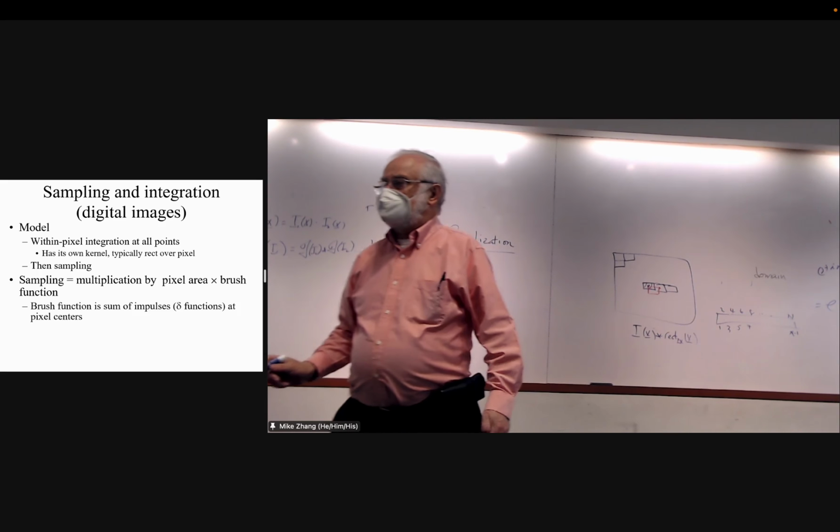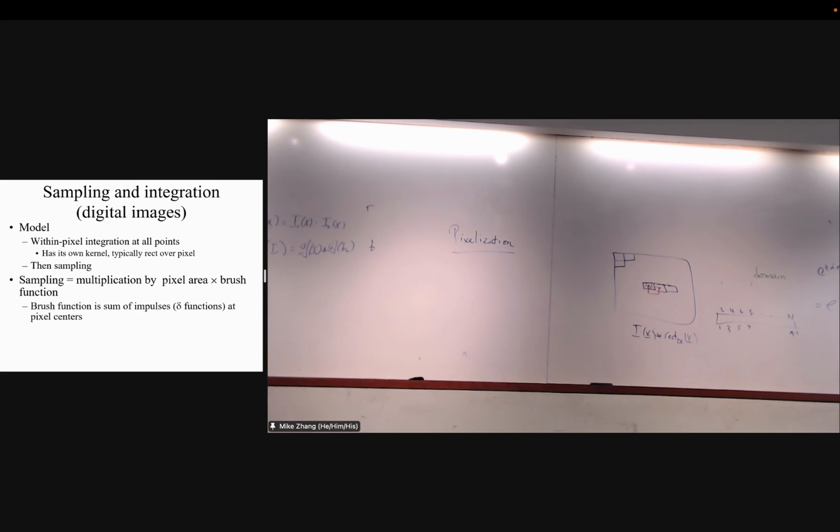Where the averaging, the non-zero part of the rect, is in a region that's delta x by delta x. Or in the case of non-square images, it's going to be delta x by delta y, right?